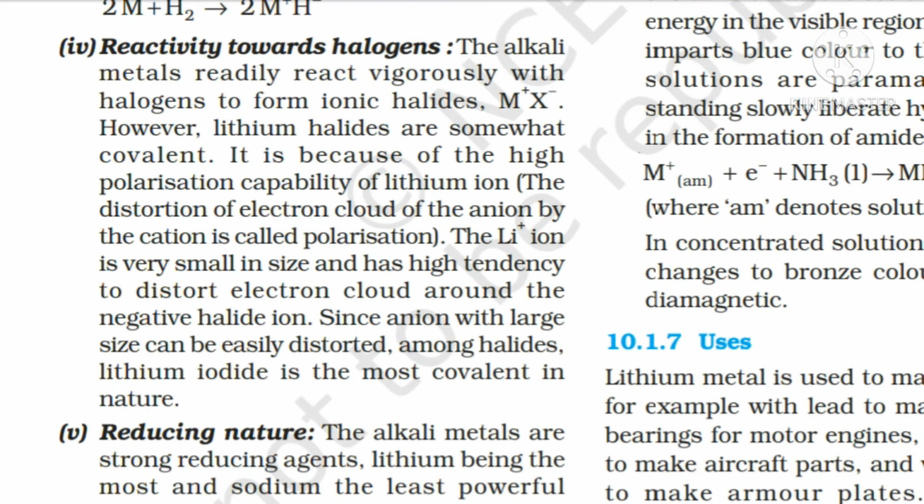Distortion of the electron cloud of the anion by the cation is called polarization. The lithium ion is very small in size and has a high tendency to distort the electron cloud around the negative halide ion. Since a large anion can be easily distorted among halides, lithium iodide is the most covalent in nature.